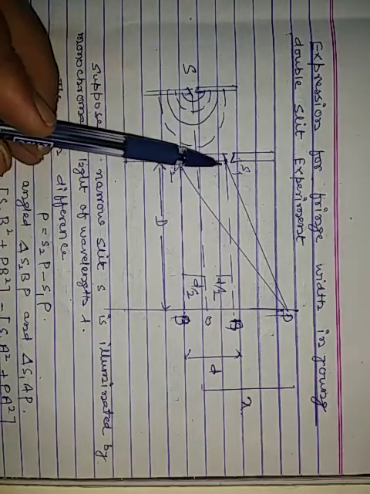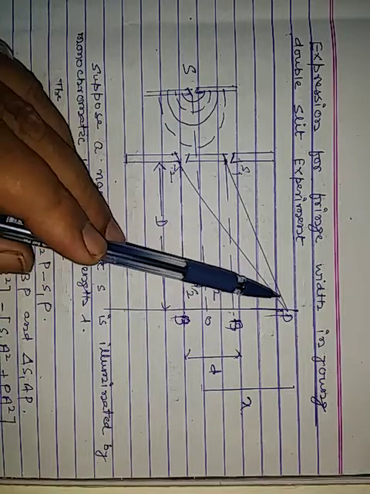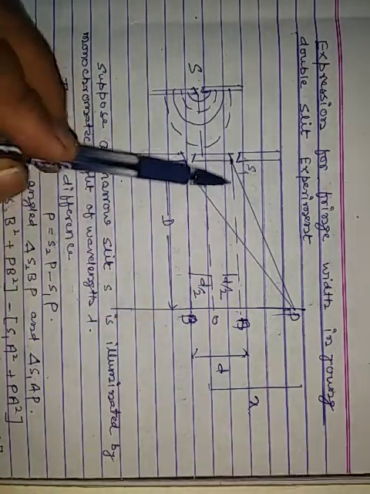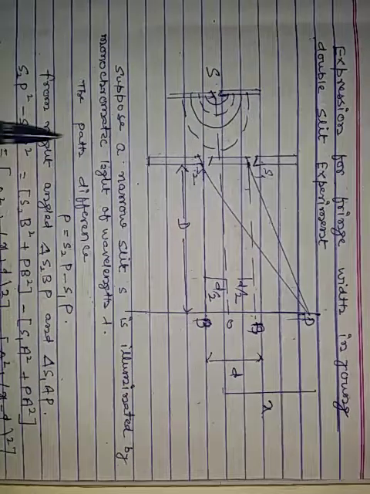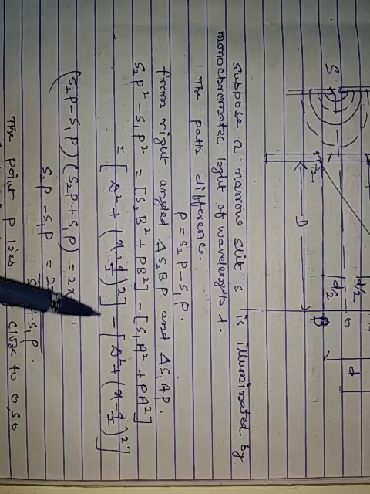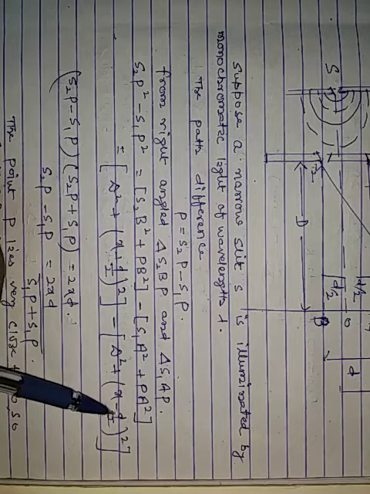S2B or S1A is equal to d. So we write (D square plus (x plus d by 2) square) minus (D square plus (x minus d by 2) square).